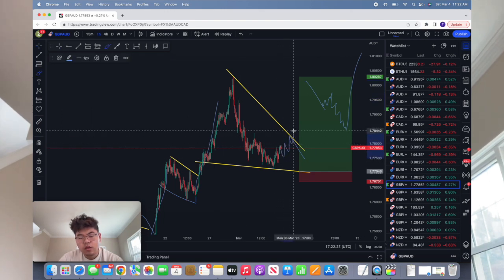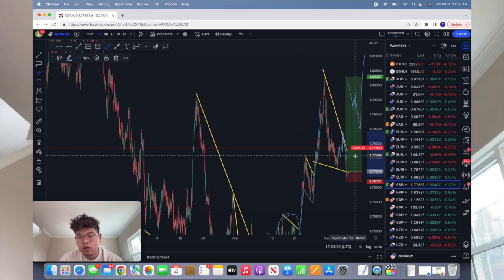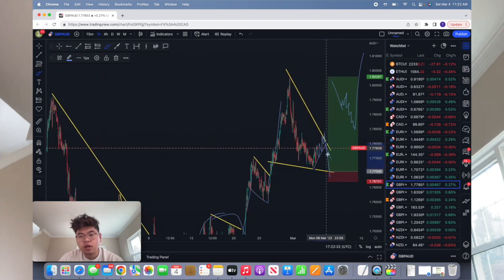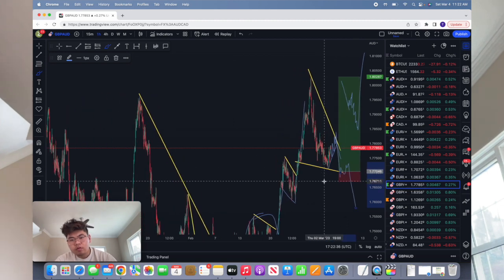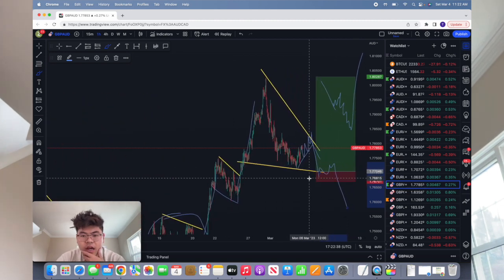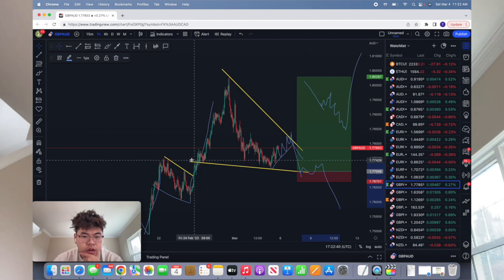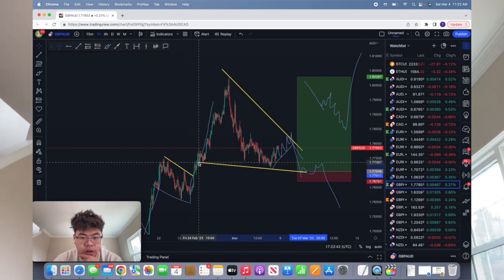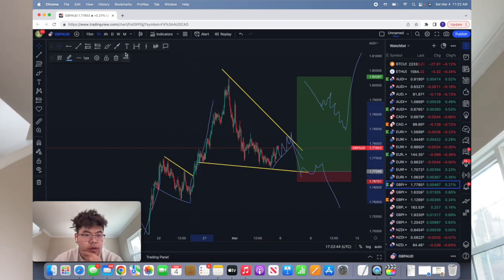I don't want to see the impulse down, because this can create something else. Bam, hit TP. So you really have to be careful. You really have to read the lines of this area. Really have to be careful with it.